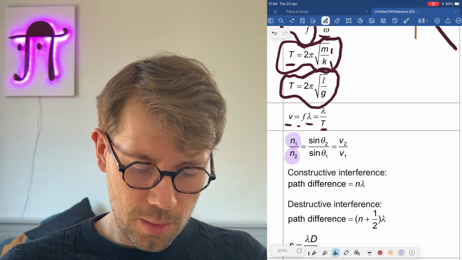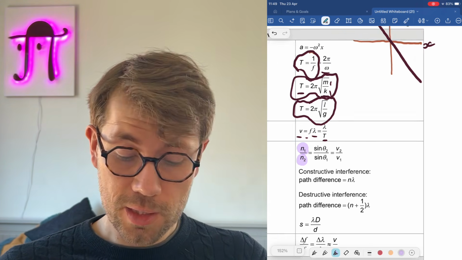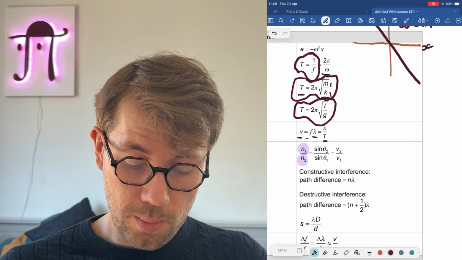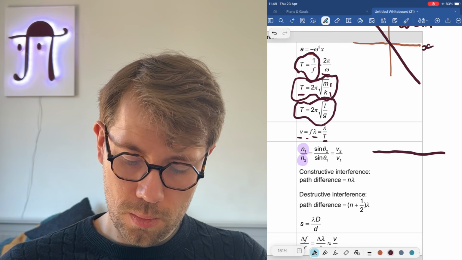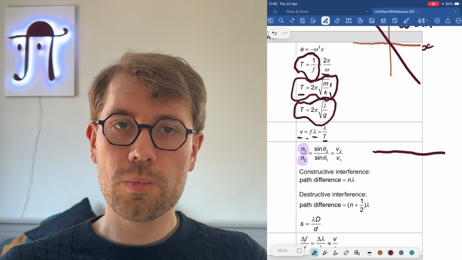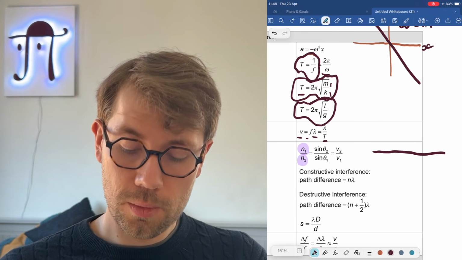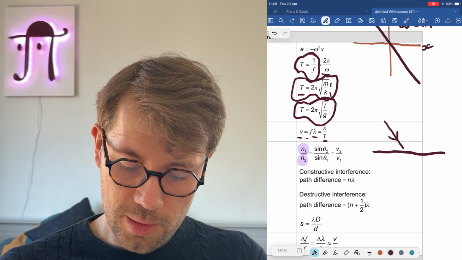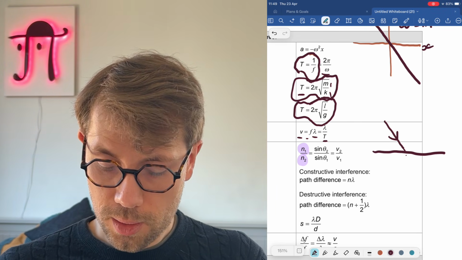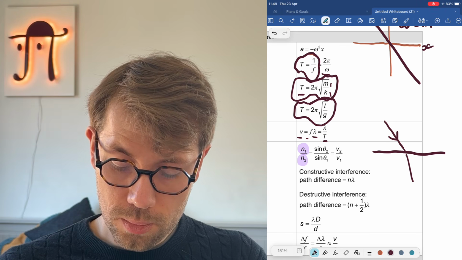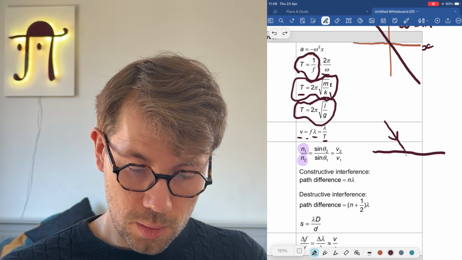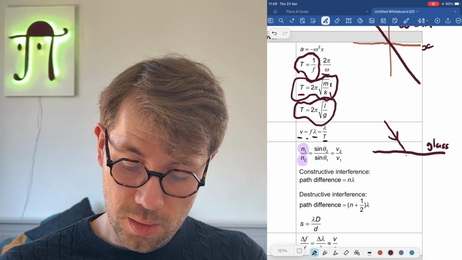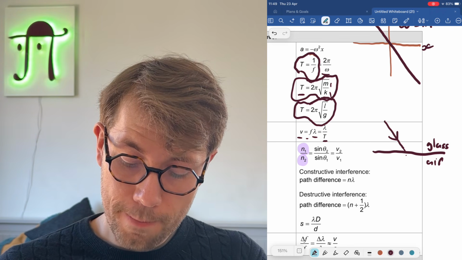And then we've got another refractive index, because this equation is all talking about refraction, and that's going from one medium to another one. So that's why it's important, if you draw a diagram of something refracting, that you add arrows. So let's imagine this is glass, which has a high refractive index, and this is air.